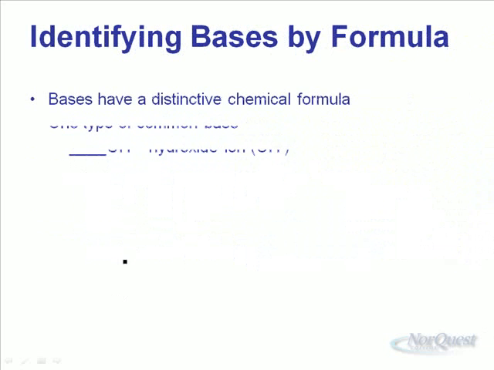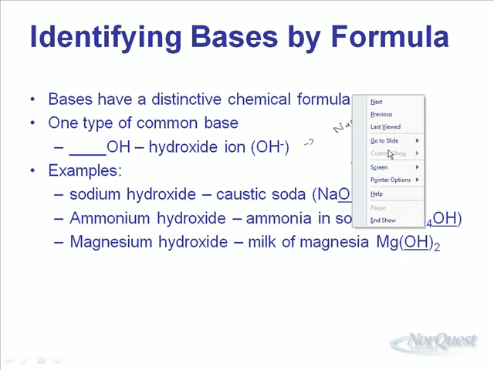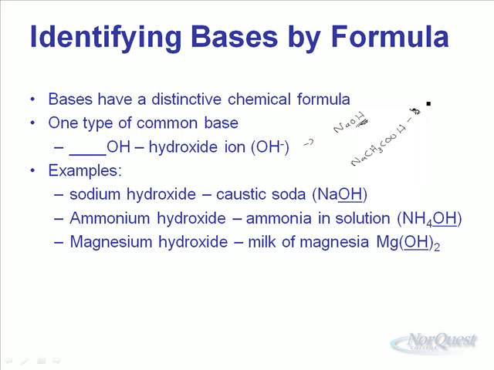For bases, they have a distinctive formula as well. They end with OH, and this is where people get kind of confused. So you've got to look at the full formula. Something like NaOH, caustic soda, ends in OH. If you had something like CH3COOH, this here is an acid. This is an acid because it ends in COOH.